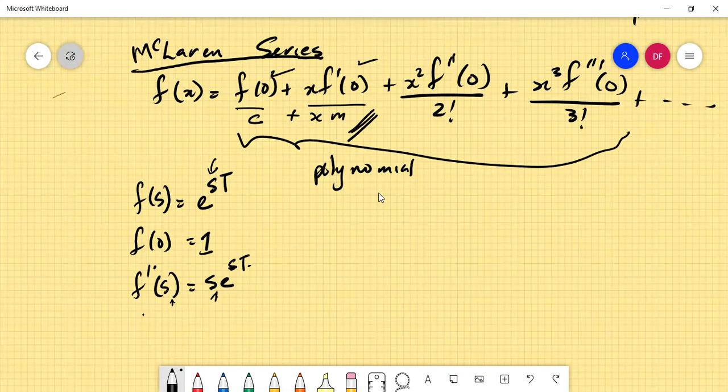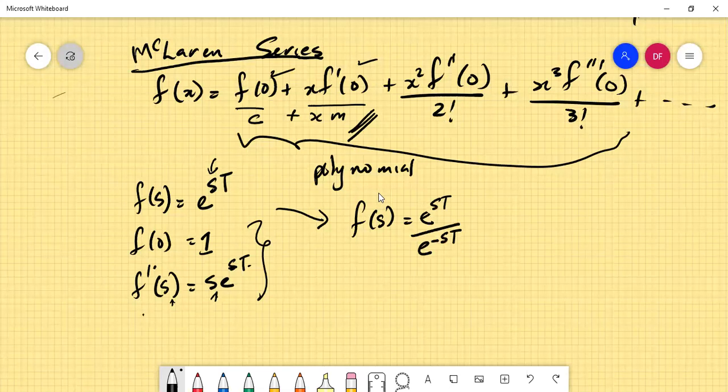We have to split this up so that we don't end up with this horrible problem that we have here. That's why I said I wanted it taught as notes, because I just wanted to write down the result. So we have to write e to the st over 2 divided by e to the minus st over 2.